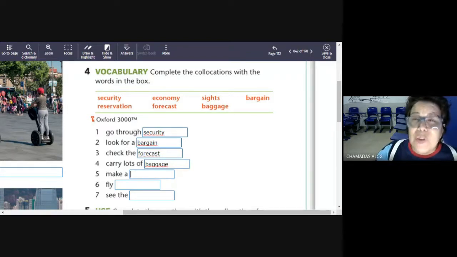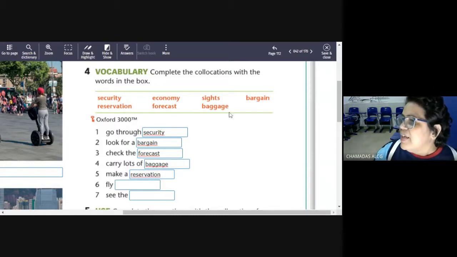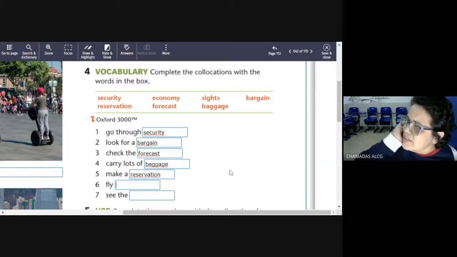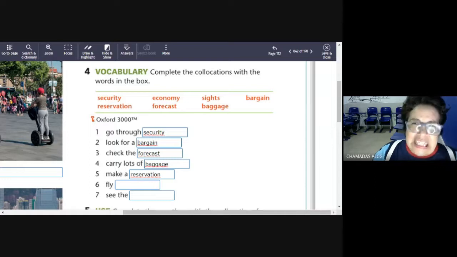When we travel, we should always make a reservation. Okay. And then fly. It's a way to fly that is usually cheaper when we buy this kind of ticket. Okay.